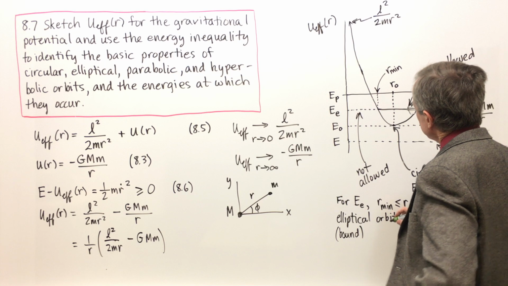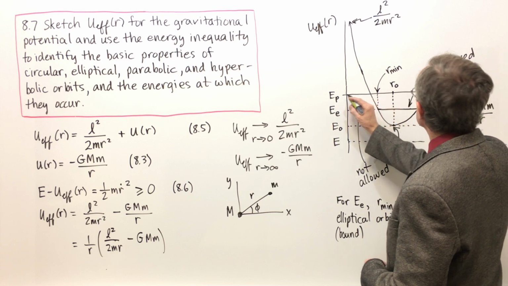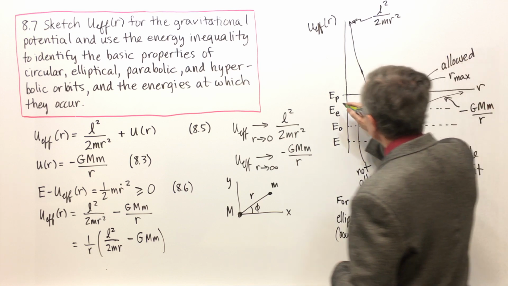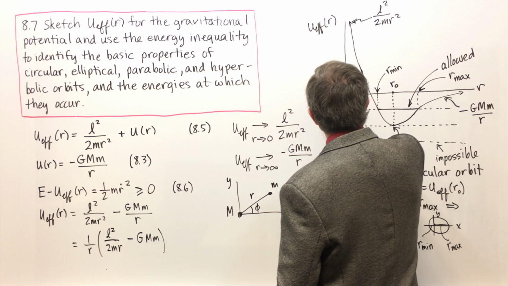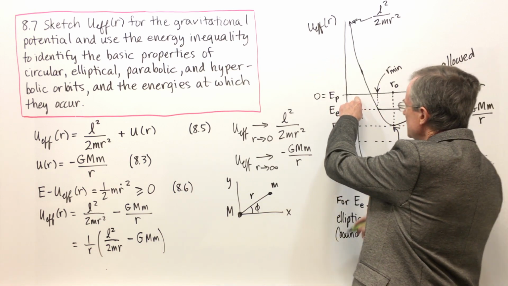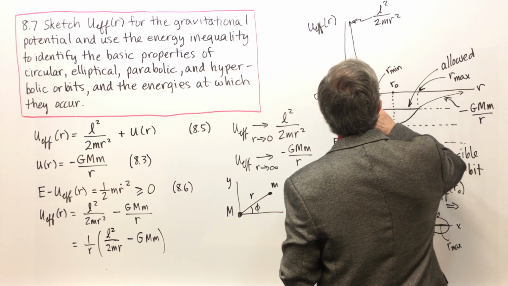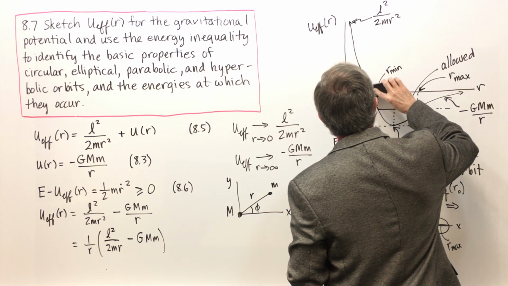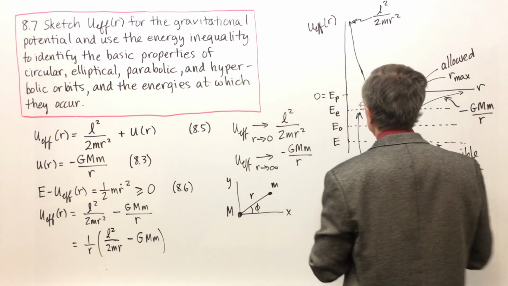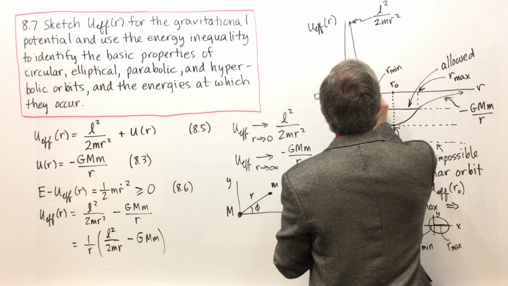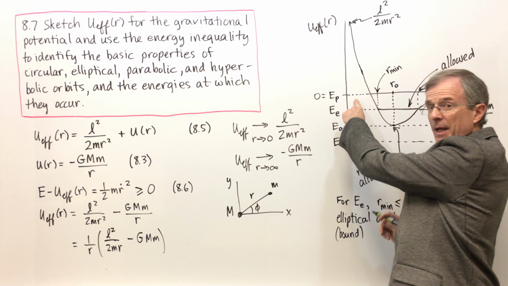Well, this is our axis, but this part really should be, let's actually replace it with a dotted line, because it's not allowed.